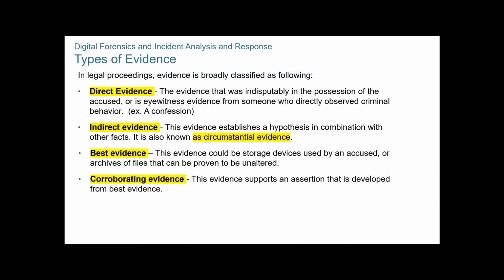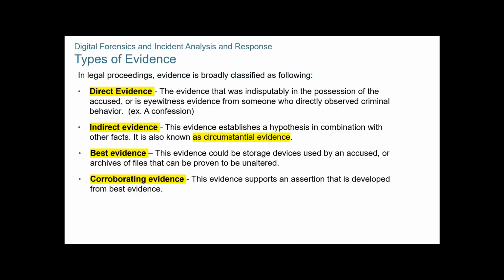There are different types of evidence. Direct evidence is absolutely in the possession of the accused. It's an eyewitness thing. It can't be argued. It was an observation. An example would be a confession.